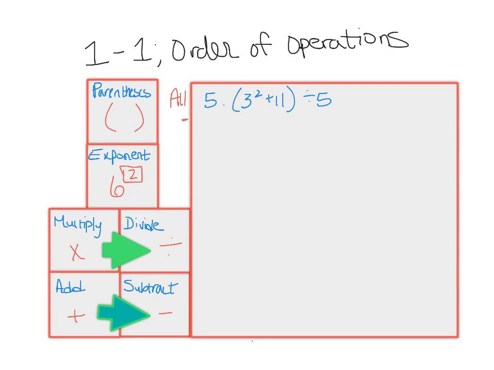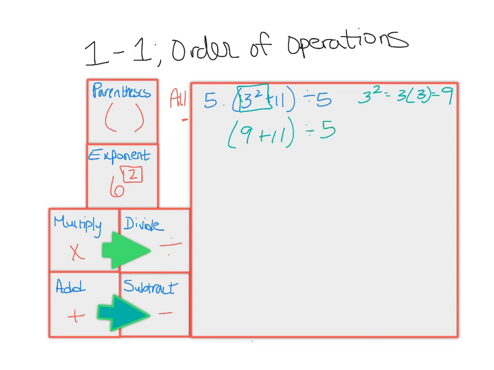So this is number 5. I like doing the ones with exponents because those ones are a little bit more difficult for some kids to understand. The first thing we're going to look at is the parentheses, and we're going to follow the order of operations. We have exponents in the parentheses, so I'm going to box that term. 3 squared is 9, because 3 squared is like saying 3 times 3, and that equals 9, plus 11 divided by 5.